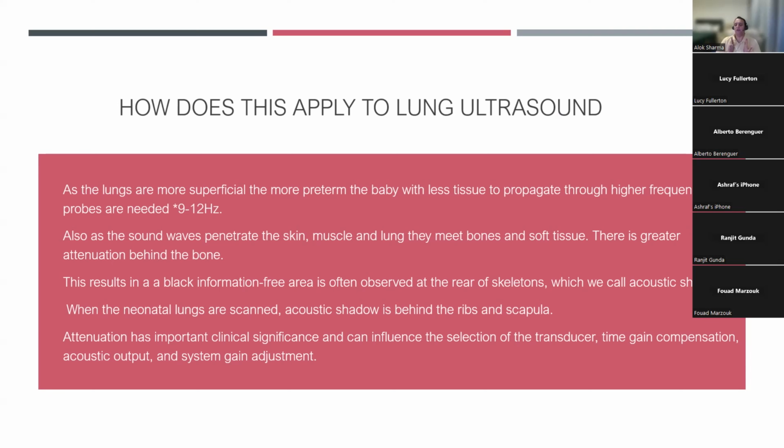When I'm doing vertical scanning, just remember that I'm scanning multiple areas of ribs which are going to give acoustic shadows. But when I'm doing horizontal scanning, I need to be in between the rib areas, because if I'm behind a rib or if the scapula comes in at the back and I'm trying to do horizontal scanning, I'm going to get nothing. I'm going to get zero, zilch.